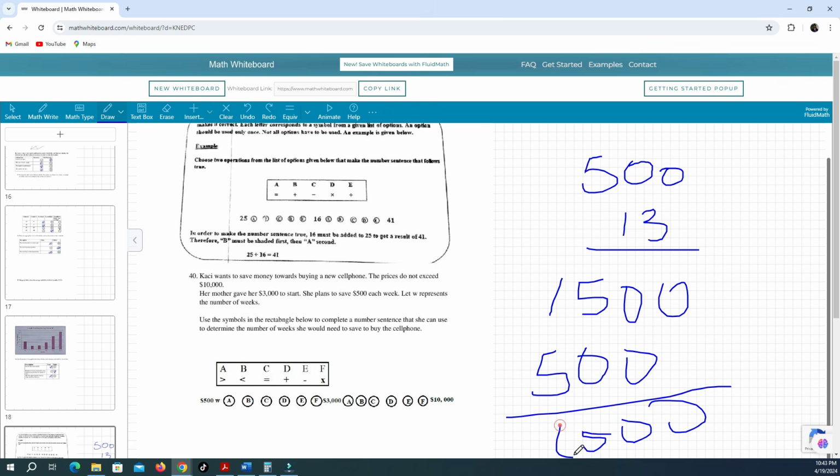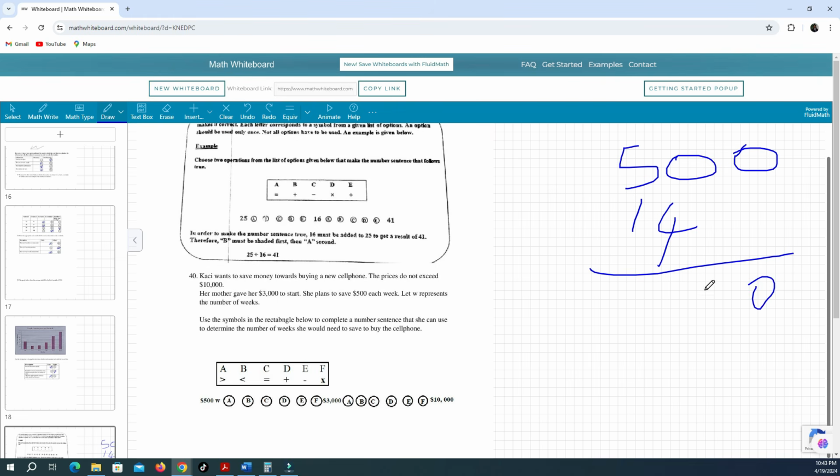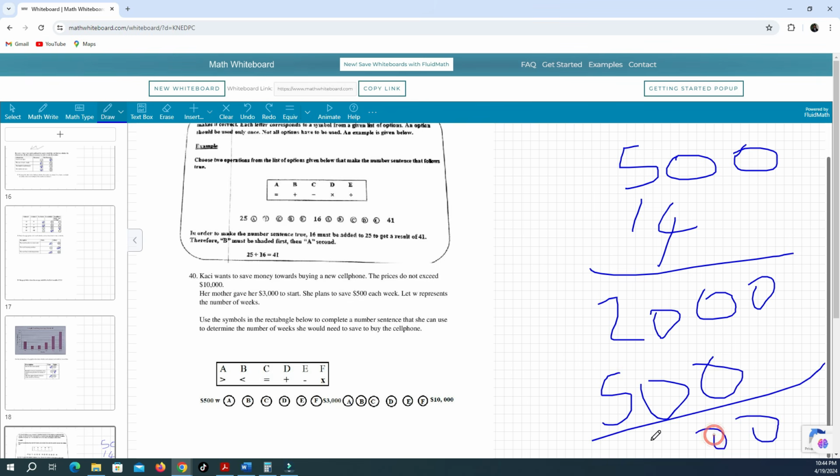This is 6,500, so this is not going to make it. We need 14, yeah, it's 14, so 500 times 14 weeks will give the $7,000. So there you go. It should be $7,000.